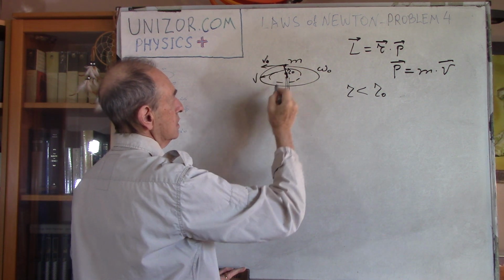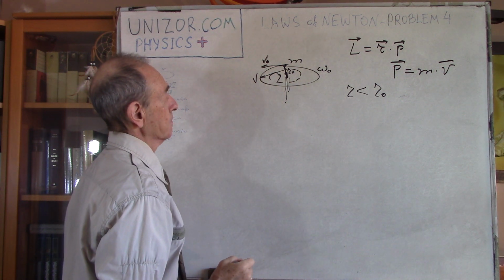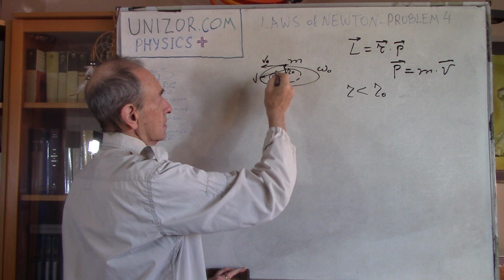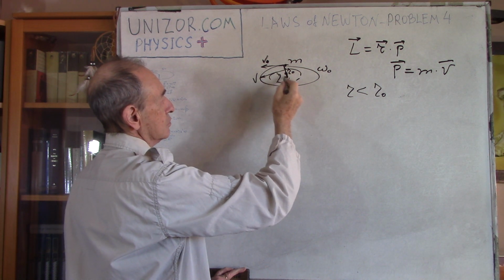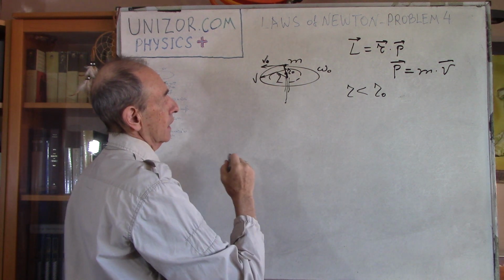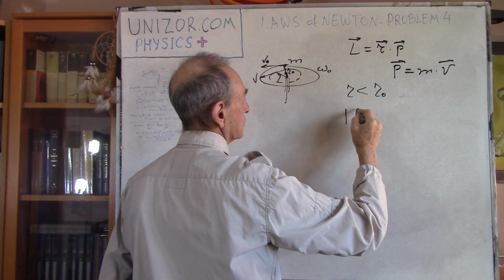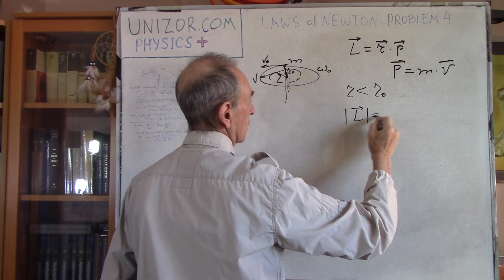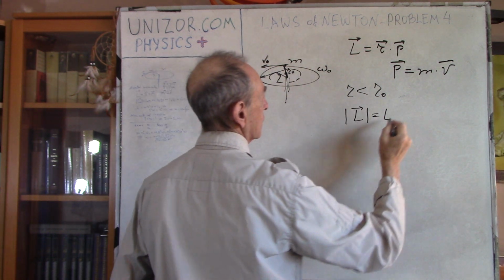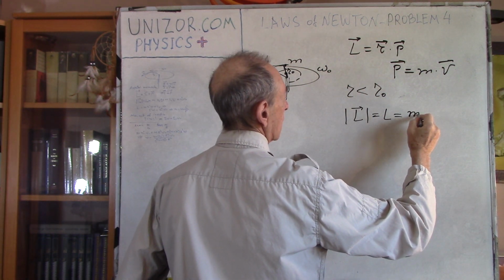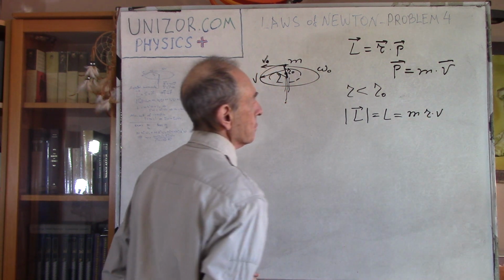That would be my v, and that would be my r, which is smaller than r0. So the speed will always be perpendicular to the radius, and that's why the absolute value of L, just the letter L without the arrow on top, would be equal to m r v.